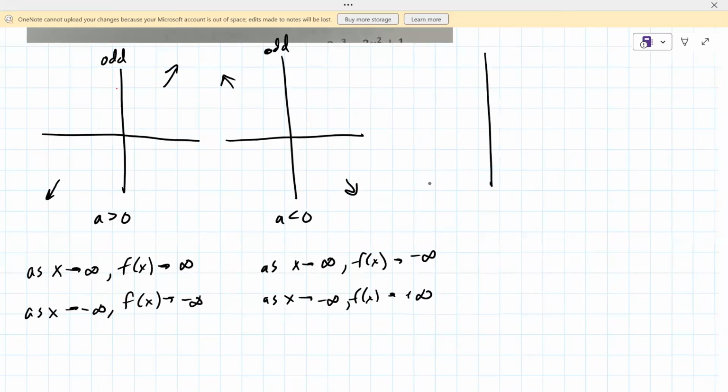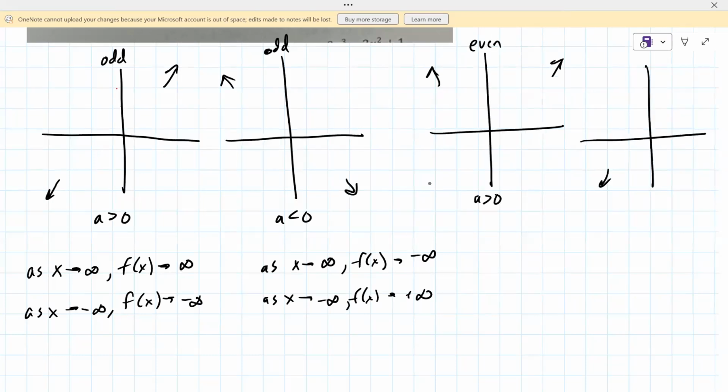And then there's two more graphs to know for even degree positive leading coefficient, and even degree negative leading coefficient. I'm running out of room here, so let me put this down here. As x goes to infinity, f of x goes to infinity.